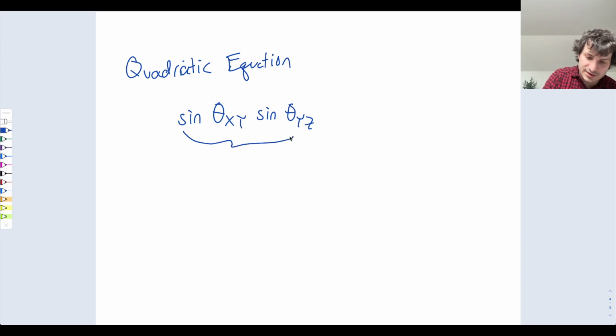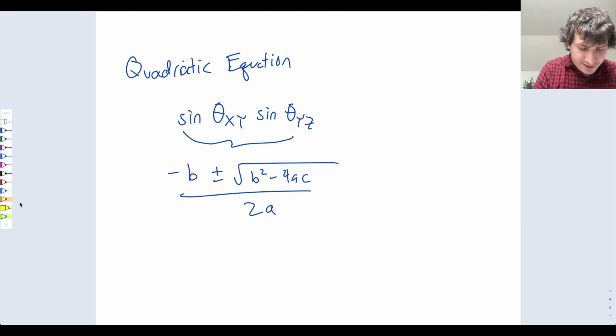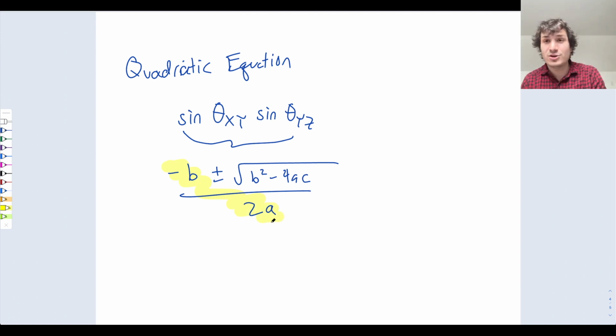In the quadratic equation, it's minus b plus or minus the square root of b squared minus 4ac all over 2a. The minus b over 2a turns out to be the sine of theta xy times the sine of theta yz.